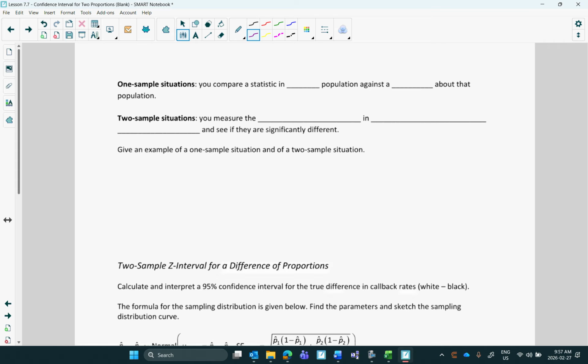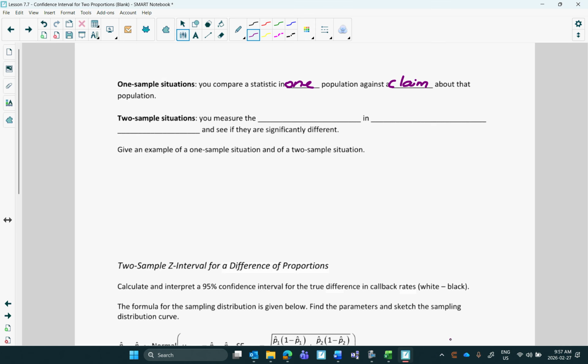According to how we did confidence intervals for one sample, in a one sample situation, we compare a statistic in one population against a claim about that population, some proportion.